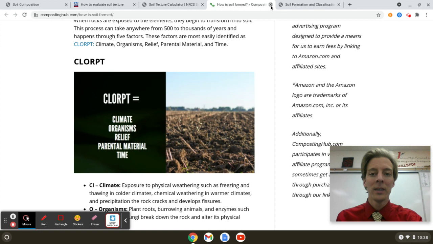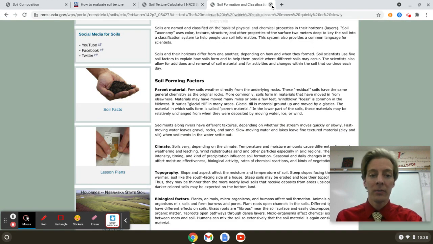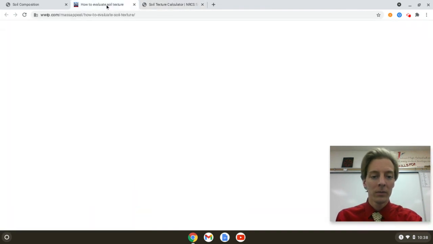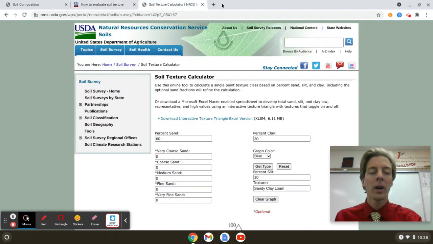The most important one is climate. All right. Let's go back to texture. The most important one is the climate. You can take two different parent materials and put them in the same climate, and in the end get the same soil type out. So I take two different types of rocks, but if I put them in the same climate, I can get the same soil out.